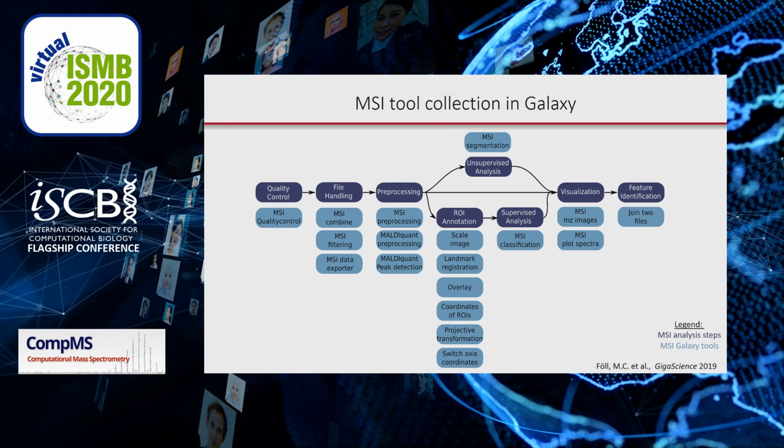We split up the different analysis functionalities into 18 Galaxy MSI tools that can be combined in a user-defined manner and allow all major MSI analysis steps, including quality control, data handling, pre-processing, co-registration and region of interest annotation, supervised and unsupervised statistical analysis, visualization, and identification.